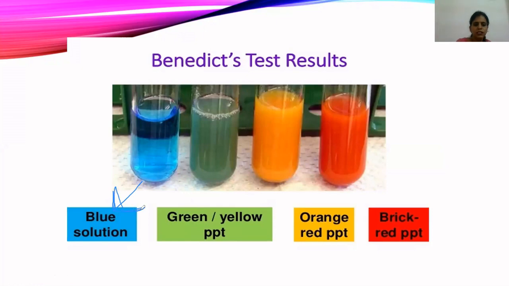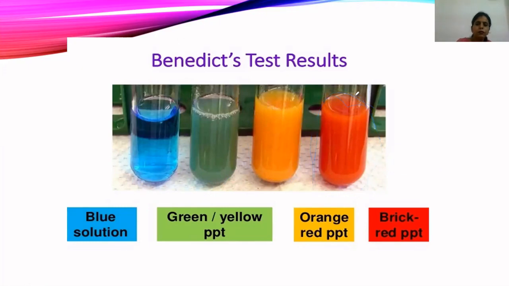That means reducing sugar is absent. Green or yellow precipitate shows a traceable or low amount of reducing sugar. This is orange precipitate, which shows a moderate amount of reducing sugar, and this one is brick red. It shows a very large amount or high amount of reducing sugar in the food item.